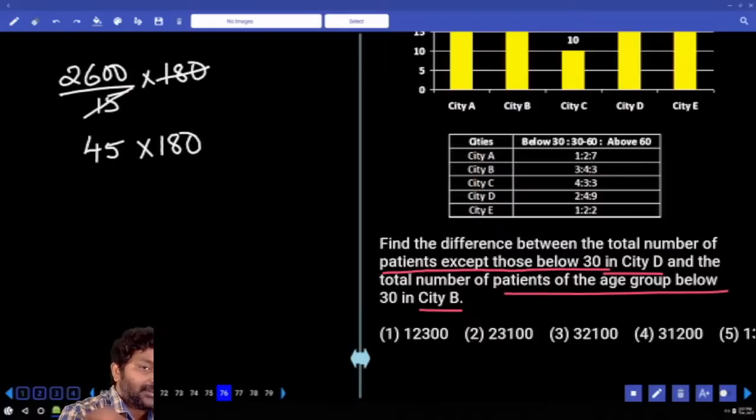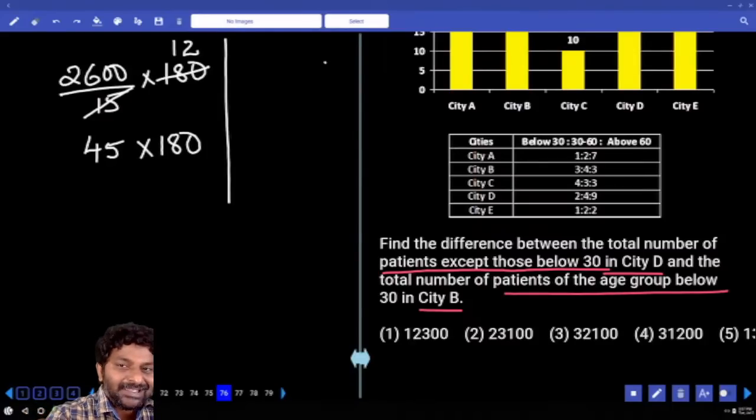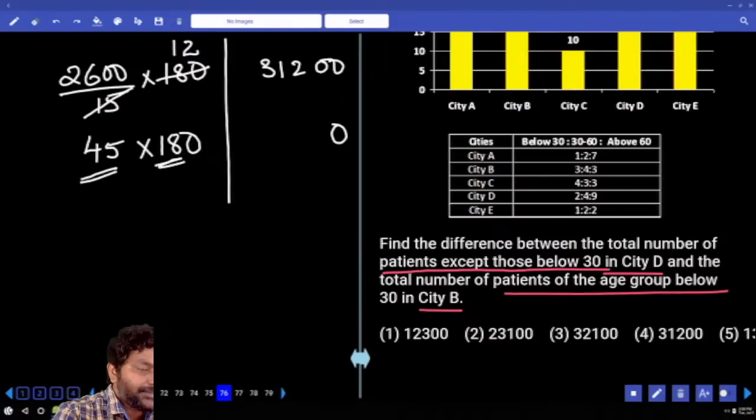15. Come on. 12 times 26. Here there are 2 zeros, so let me write 2 zeros first. 26 twelve times. 26 ten times, 26 two times. 260, 52, 312. In 180 there is a 0, so I'll write 0. 45, how many times?